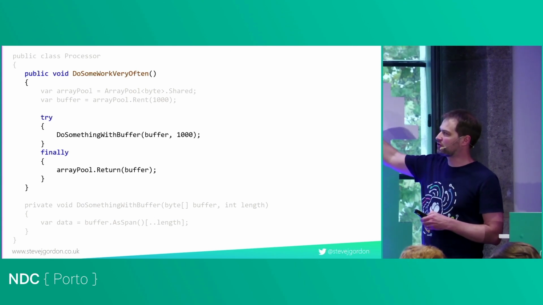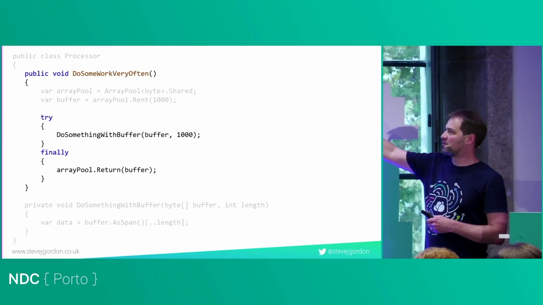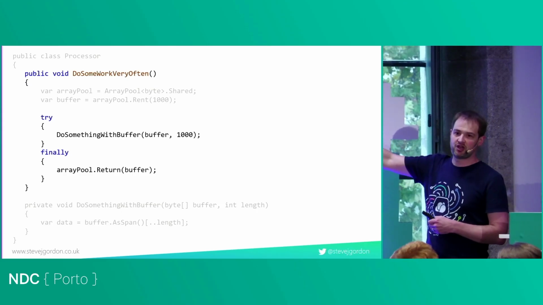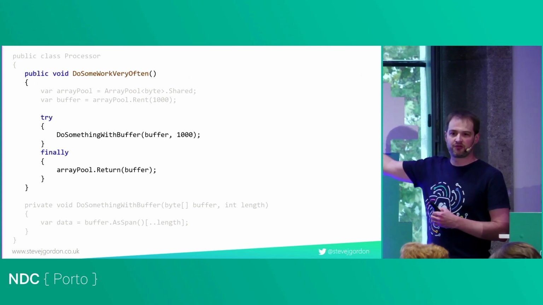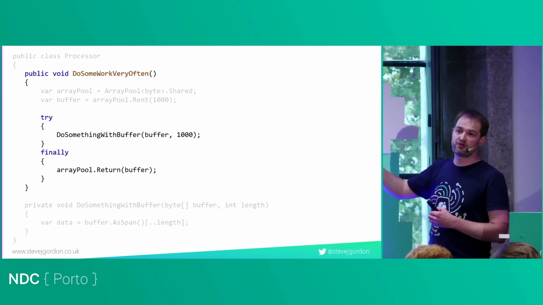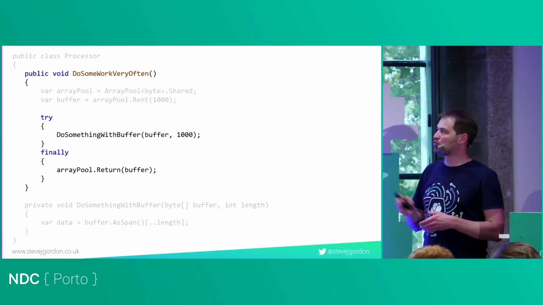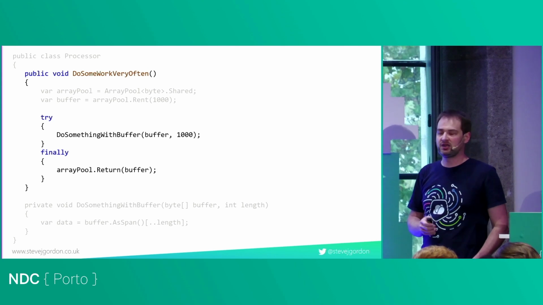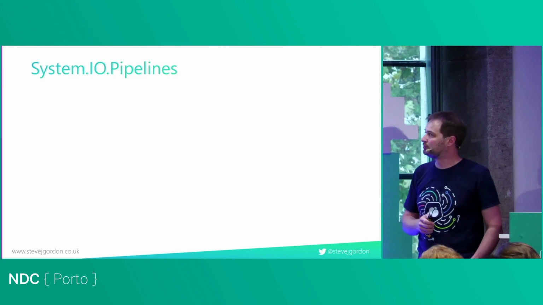So unless that method could really cause an exception very often, it's better to just do the method that you want and then return the array afterwards. And in the few cases where an exception were to occur, it doesn't matter if that buffer doesn't go back into the pool. It will eventually, through its finalizer, be collected by the GC anyway. So it's up to you. It doesn't really matter either way. I still sometimes do it this way just to protect myself.